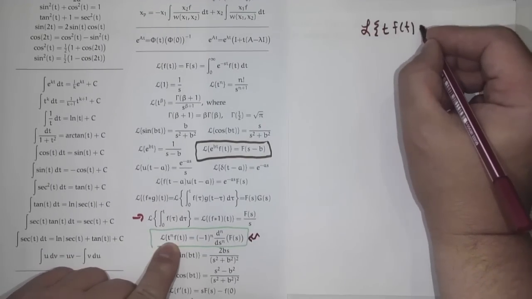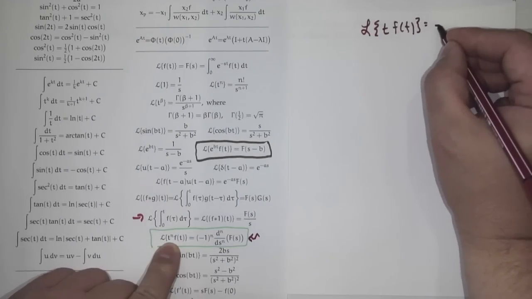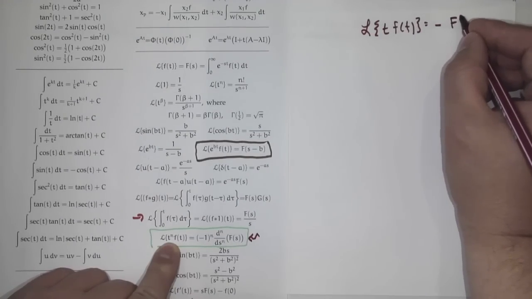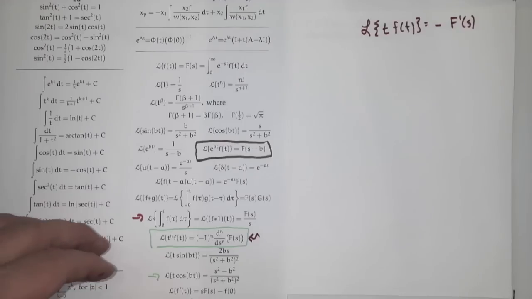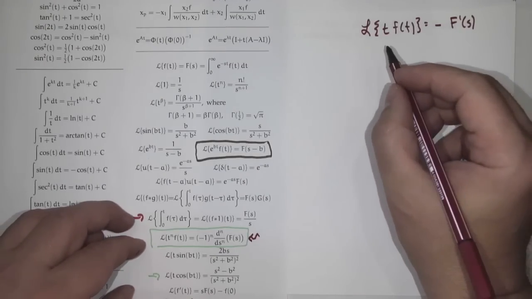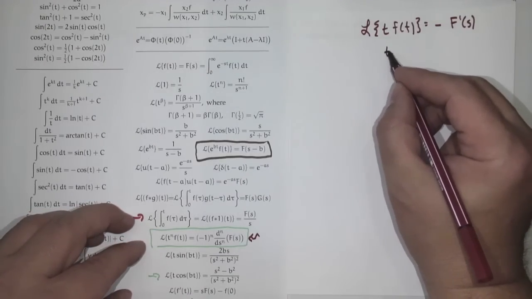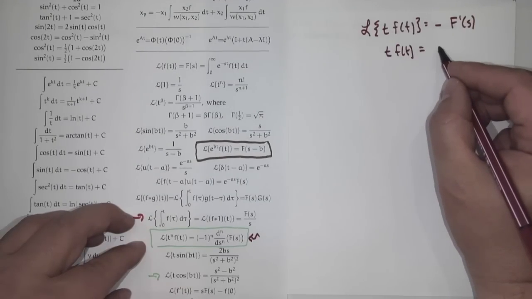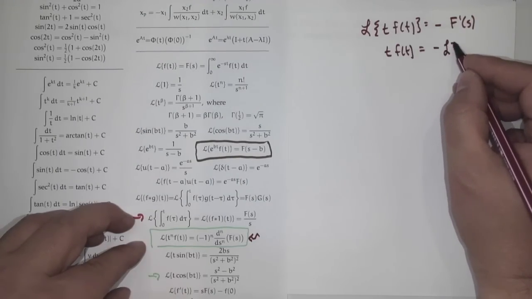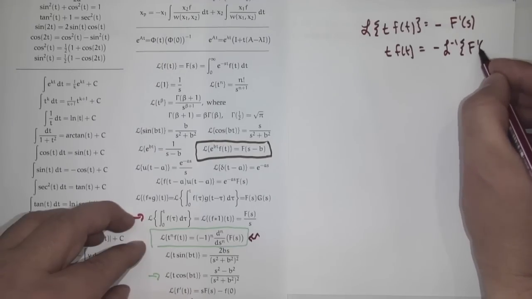T f of t is equal to minus, I'll just simplify it by saying f prime of s. All right. So what do we get? Well, you could say this is the same as saying t f of t is equal to minus the inverse Laplace of f prime of s.